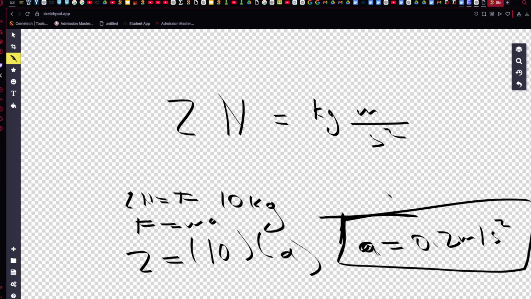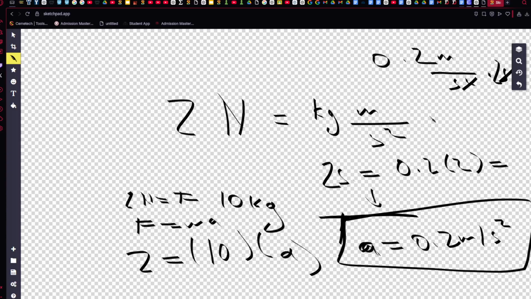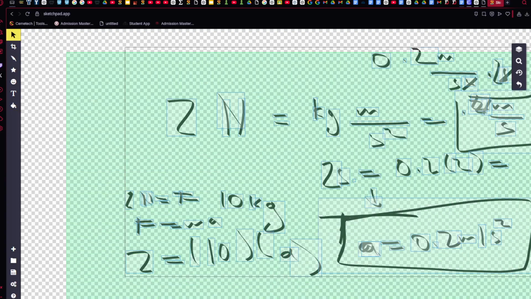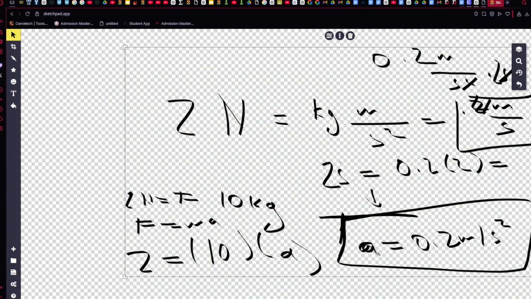If you're applying that force for 2 seconds, it'll be 0.2 meters per second squared times 2 seconds. The seconds cancel out to get 0.4 meters per second. And this will be your change in velocity. Again, remember, acceleration is just how much the velocity is changing per second, though it might be a little bit more nuanced than that, but that's essentially what it means.